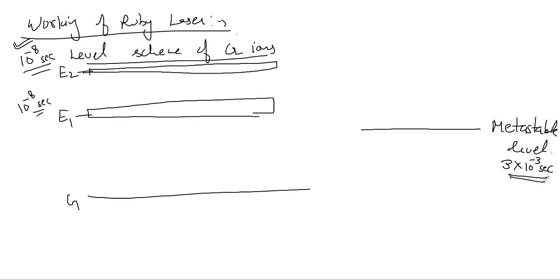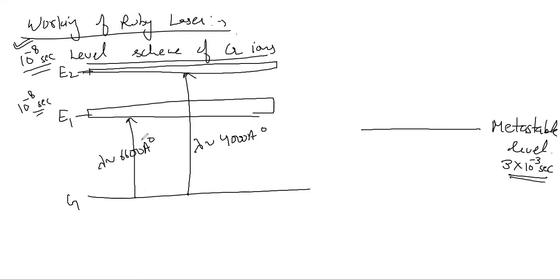Now, when you switch on the xenon flash lamp, it is going to emit the photons. वो जो photons हैं, they will be absorbed and your chromium ions will be excited to these states here. This corresponds to a wavelength around 4000 angstrom. This state corresponds to a wavelength around 6600 angstrom.